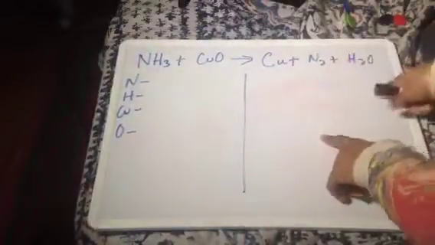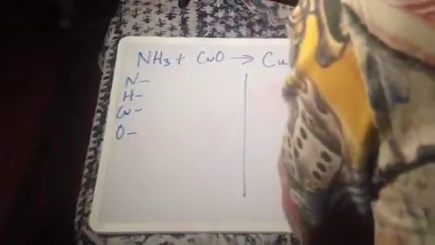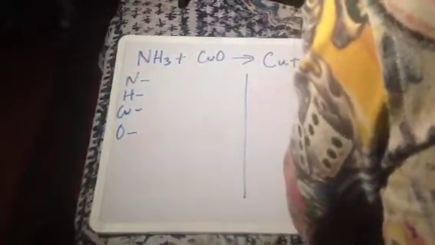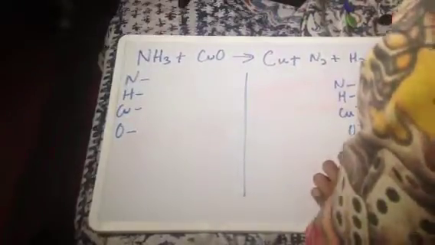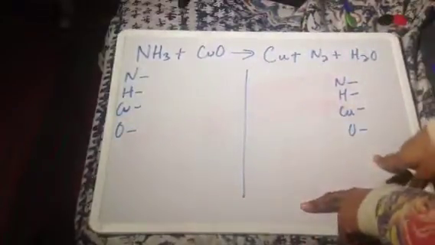We have a nitrogen, we have a hydrogen on this side, we have a copper element on this side, we also have oxygen on this side. Okay, and the same over here. So I'm going to do that over here as well. And I'm going to stress that you guys do the same thing, especially when you do your exam.